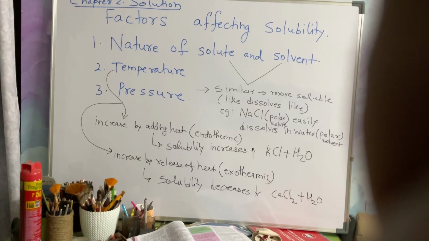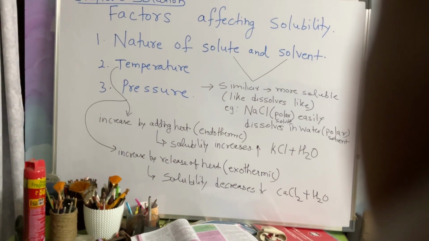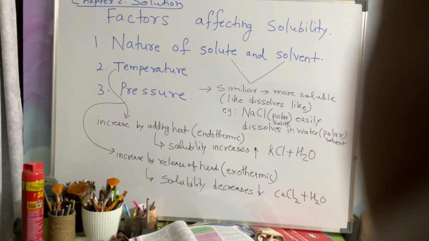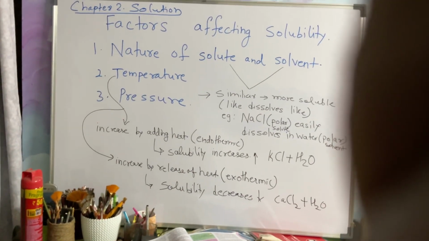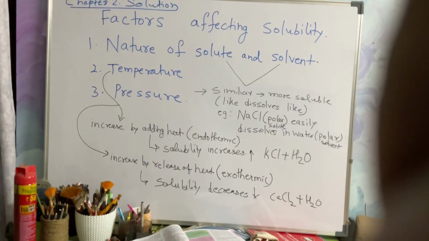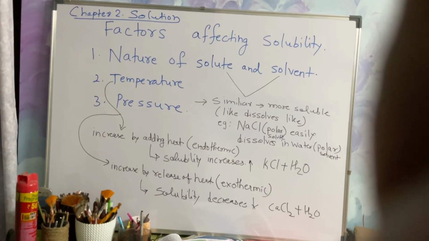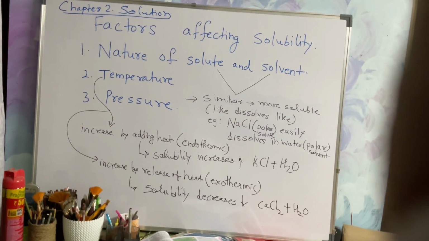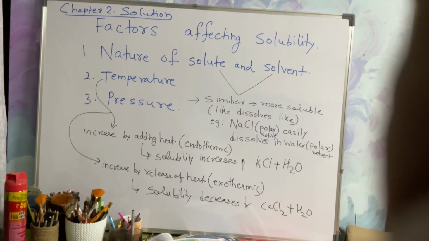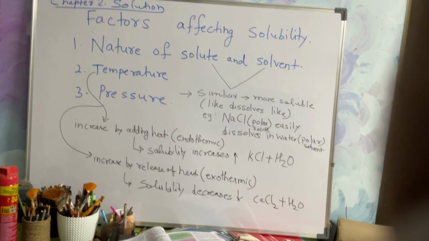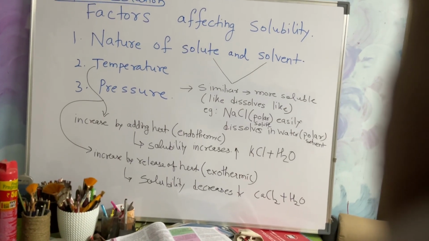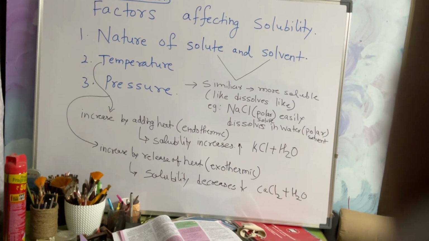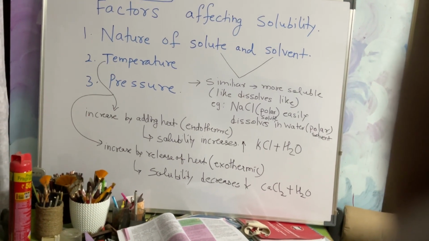It would be difficult for a dissimilar solute to dissolve in a solvent. For example, if the solute is polar and the solvent is non-polar, then the solubility might be lower. So if the nature of solute and solvent is chemically similar, then the solubility is good. As an example, we talked about the salt NaCl being easily dissolvable in the polar solvent, that is water.